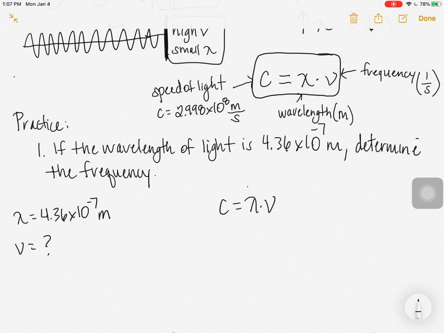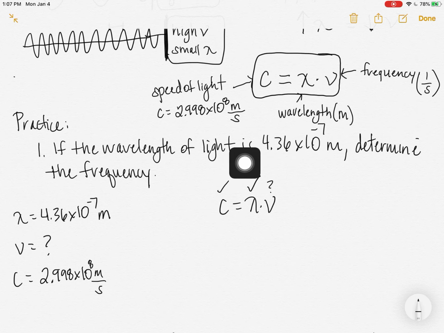Okay, so this is a situation where I say, yep, I got it. I'm looking for it. But then normally you would say, well, what's C? But we know what C is. We just learned it. Okay, it's a constant. So I actually have C. See, I always have C.